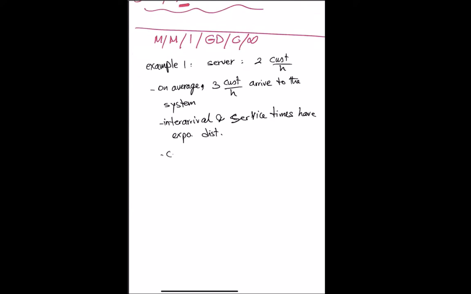And also the capacity of the system is 3. The system has limited capacity. That's the whole point of C here. The system can hold only 3 entries or 3 customers. So the service rate is 2 customers per hour, the arrival rate is 3 customers per hour, and the inter-arrival and service times are exponentially distributed.